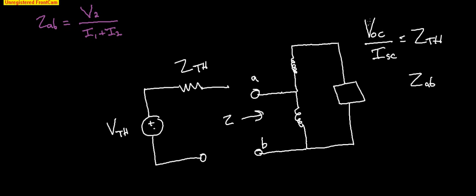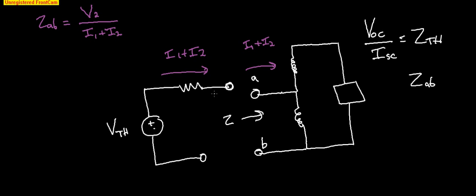So in our problem, VOC is just the voltage at this terminal, which is going to be the voltage at A to B. And then for the short circuit, we said that the current flowing into A was I1 plus I2. So that means the current flowing in this way has to be I1 plus I2.